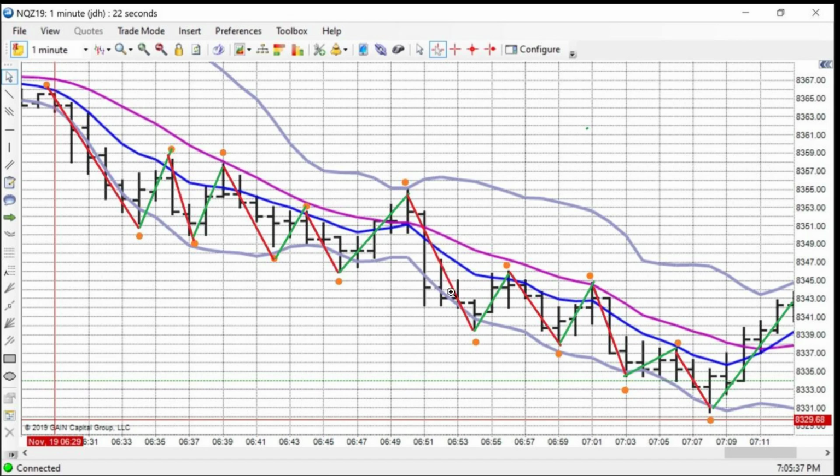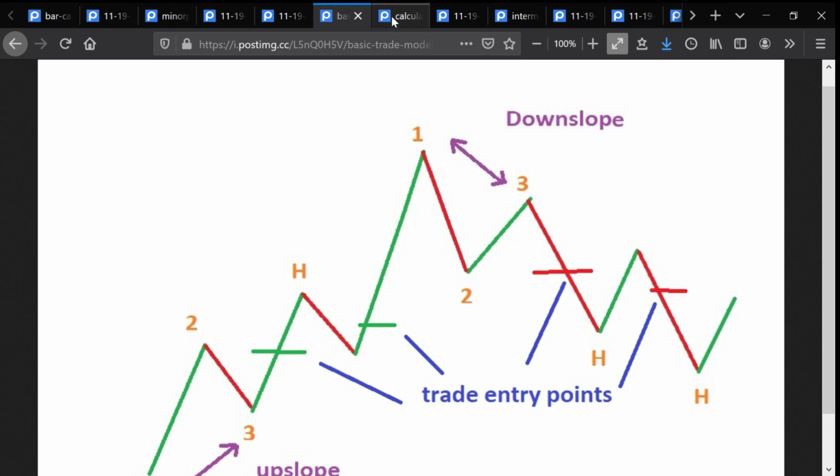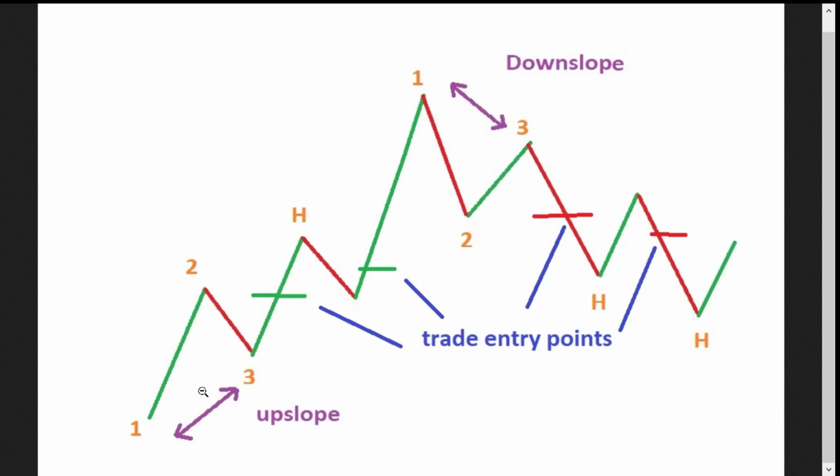So in your mind's eye, this is the basic market swing model that we're trying to get to by plotting the swings here. And usually, let's say this is the uptrend, you'll start off with a 1, 2, 3 pattern.